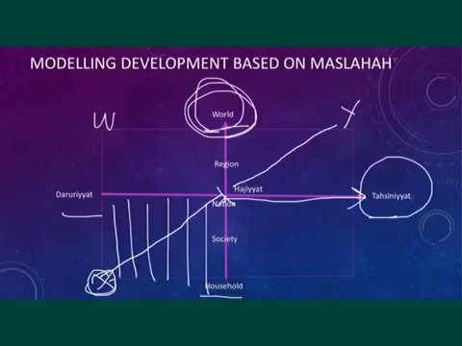In terms of the application of this model, let's look at the case of waqaf as a tool for development. When we have waqaf properties, how should these properties be utilized?